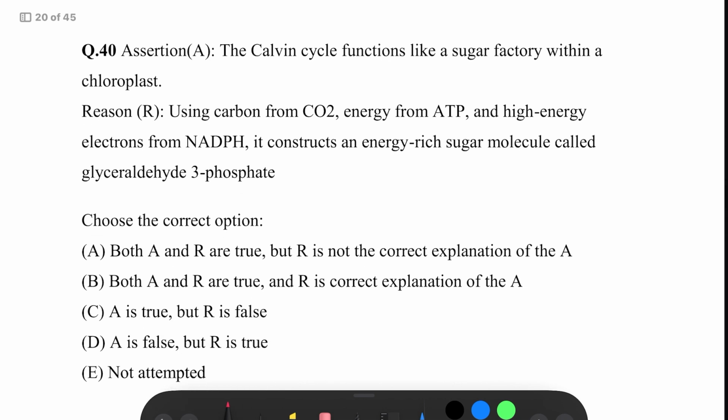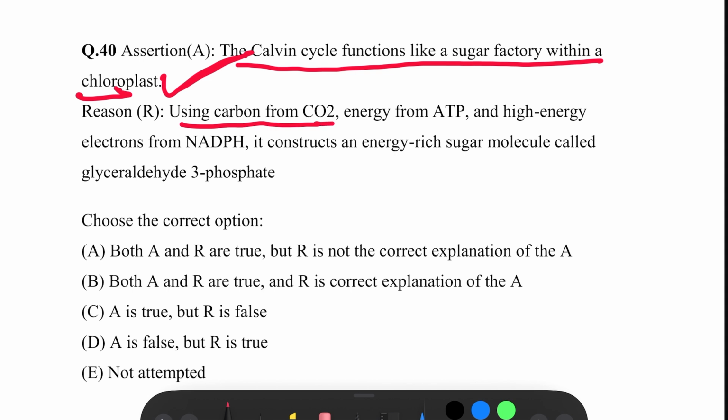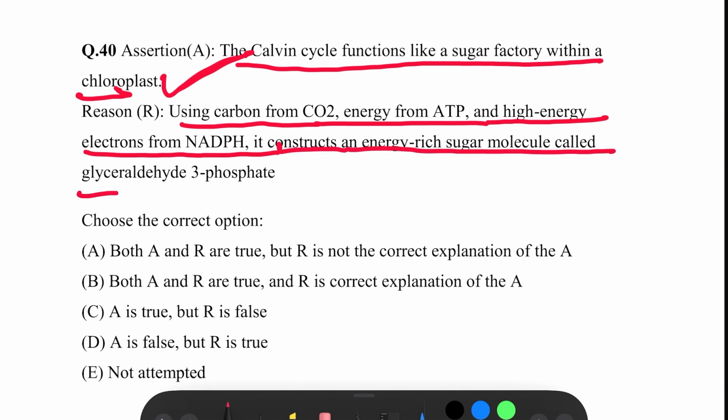question number 40. The Calvin cycle functions like a sugar factory within the chloroplast. True, right? Because there is formation of sugar, and using carbon from CO2, energy from ATP and high-energy electrons from NADPH, it constructs an energy-rich sugar molecule called glyceraldehyde 3-phosphate.